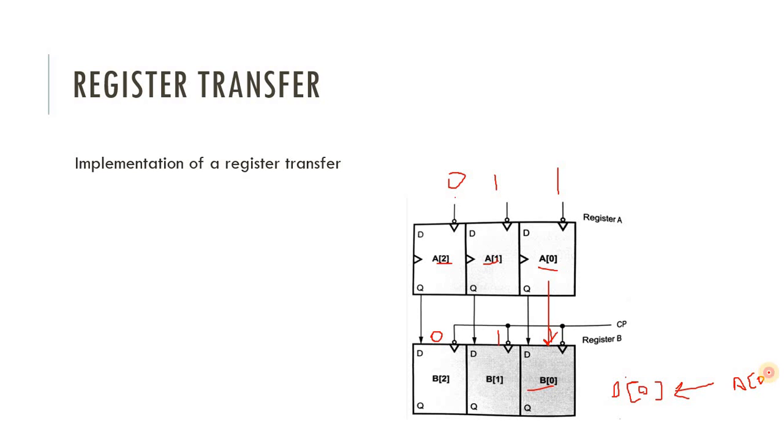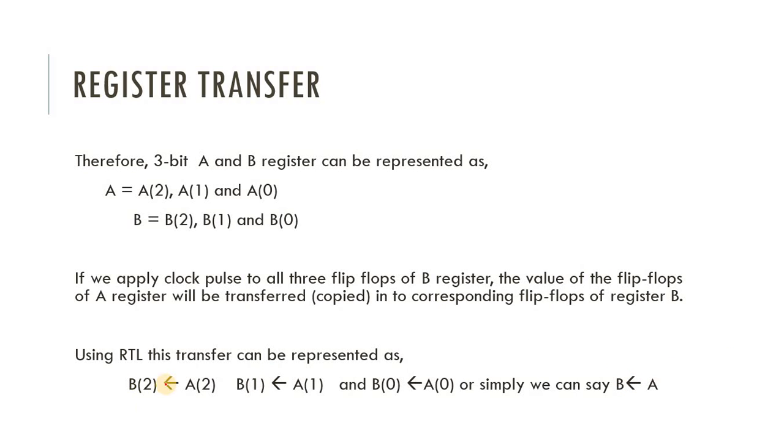Okay, so here the data of A0 is 1 and this is transferred to B0. So here we'll get the 1. Same as A1 to B1 and A2 to B2. So this is how we can simply represent it in the form of RTL, or also we can write it as A to B. So data of register A is transferred to register B.